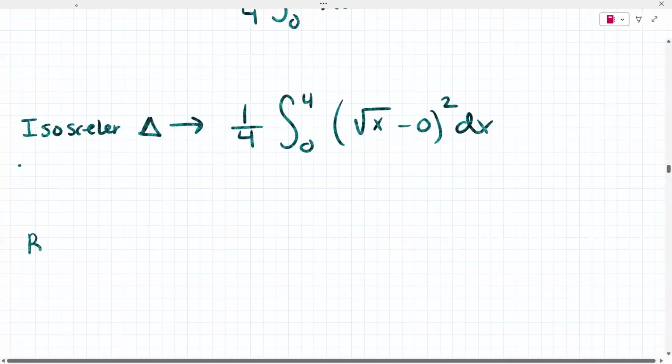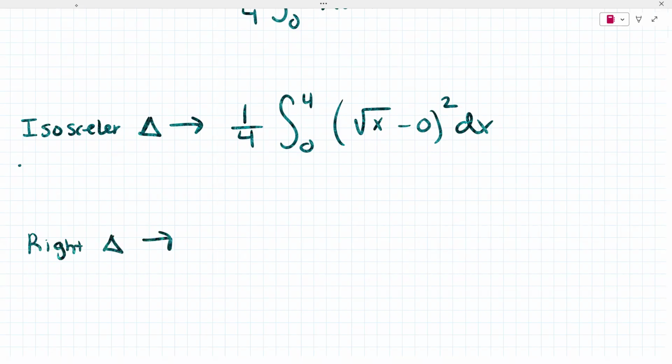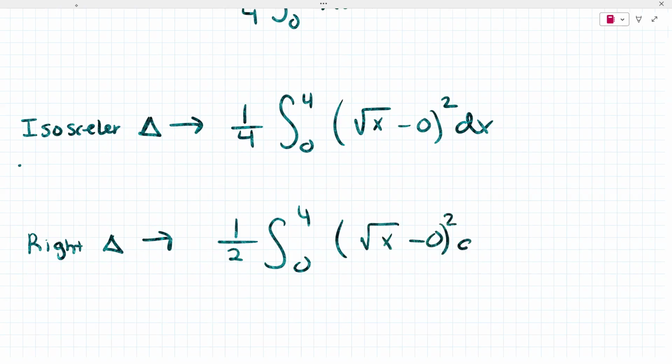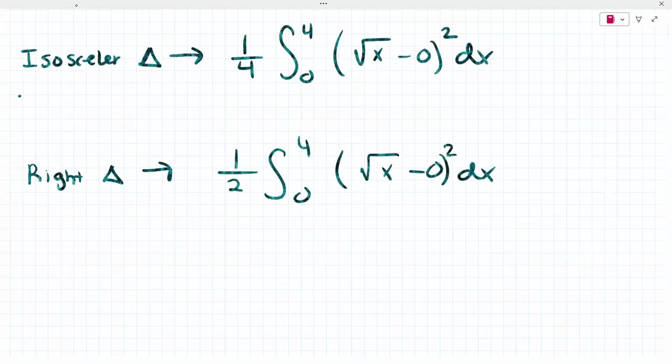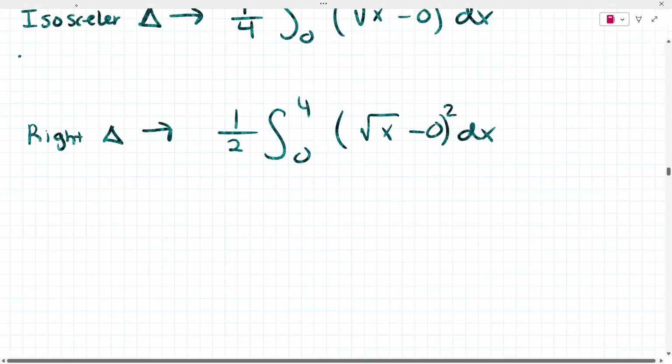And then what about the right triangle? So the formula for a right triangle is we have to take out a constant of 1/2 from the integral 0 to 4, and then it's still top minus bottom, so radical x minus 0 squared dx. And then let's talk about the semicircle.